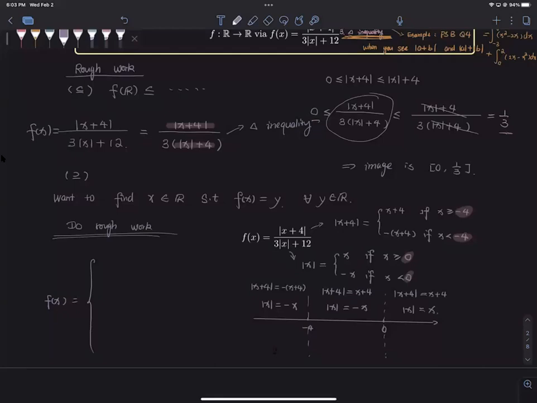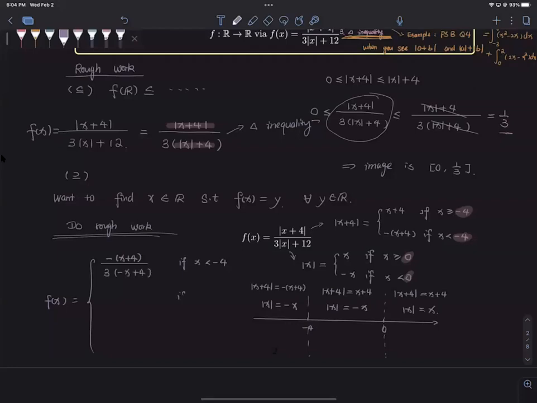Okay, so now you can write your piecewise function. We need to break up into 3 pieces. When x is less than negative 4, you would have negative of x plus 4 over 3 times negative x plus 4.